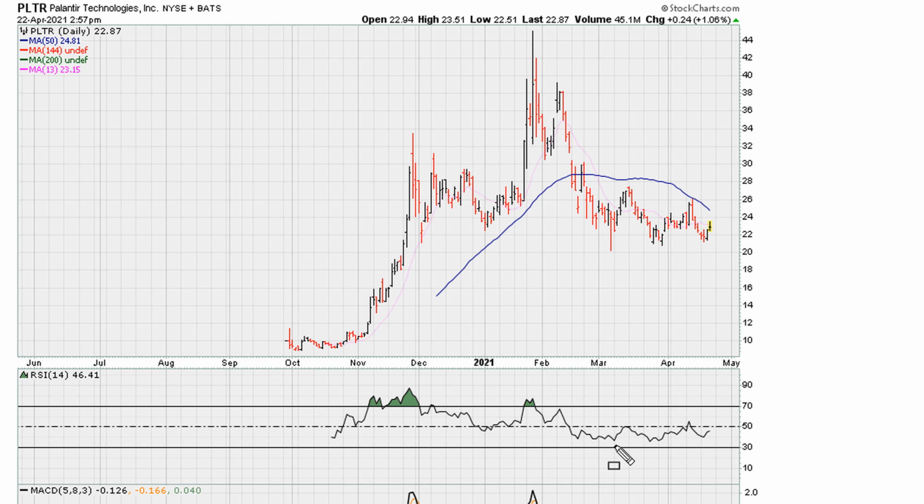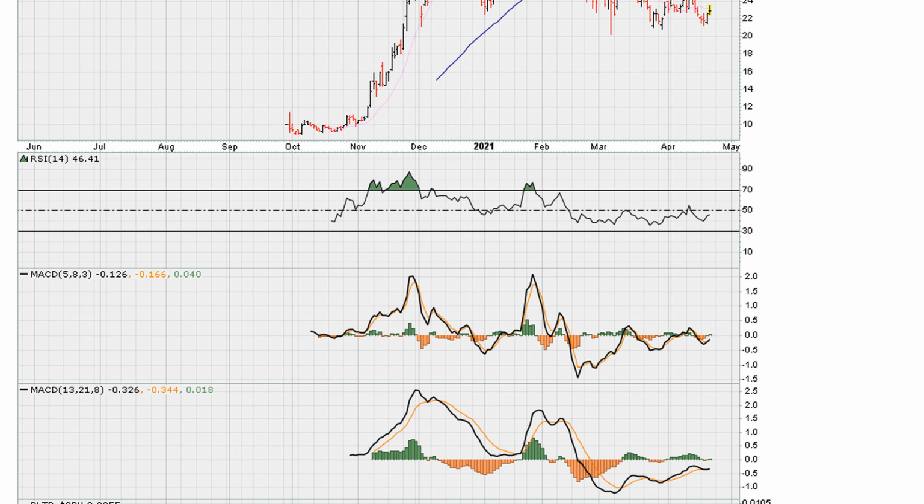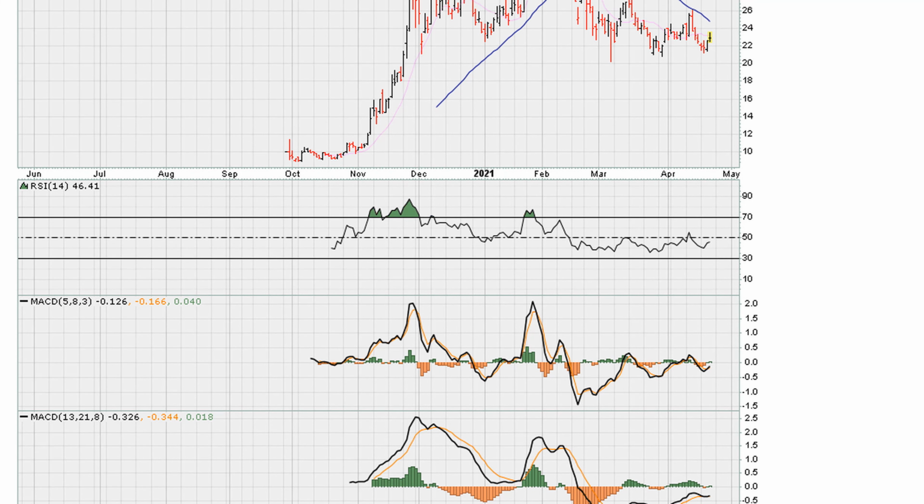Now I should mention, it would make sense for us to also discuss this nice desirable period here. For an IPO, because we did not have fully developed weekly or monthly charts, the daily chart was the most mature. And if we take a look at the initial breakout, which is right here, we can see that that breakout coincides with your RSI moving to fresh highs, and your MACDs also move to fresh highs, as we can see here.